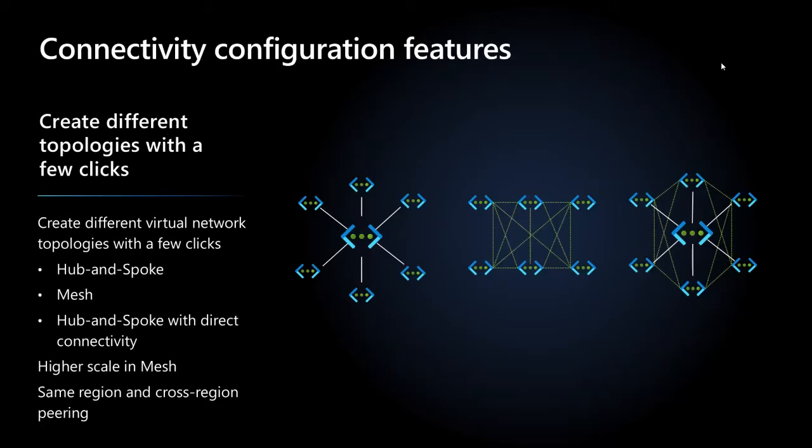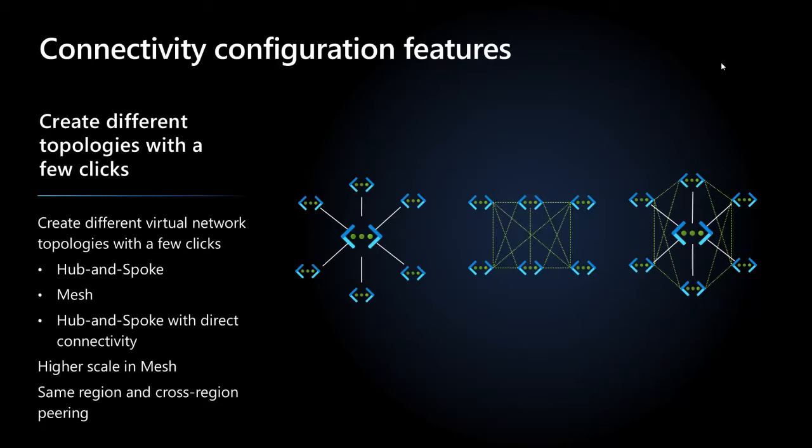But with Network Manager in mesh, you can additionally add to a higher limit. We specified how many more you can add in our documentation, which you can refer to. And this is powered by our new construct called connected group.